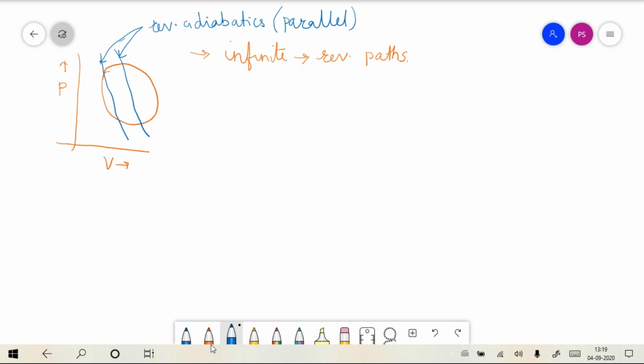What we had proved is that any reversible zigzag path can be replaced by two reversible adiabatics and a reversible isotherm in between.